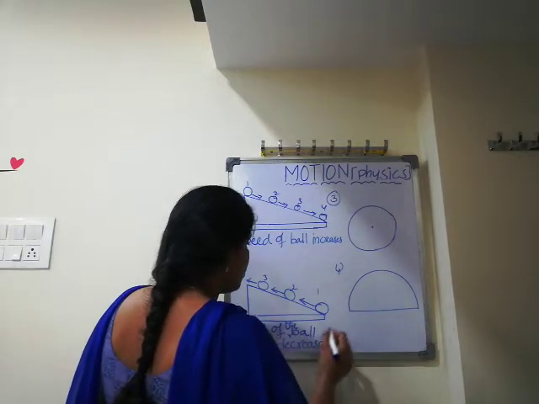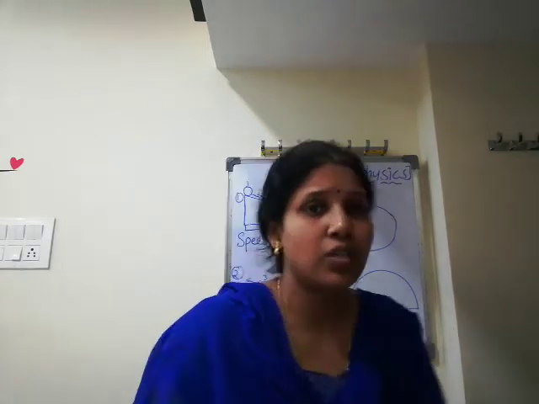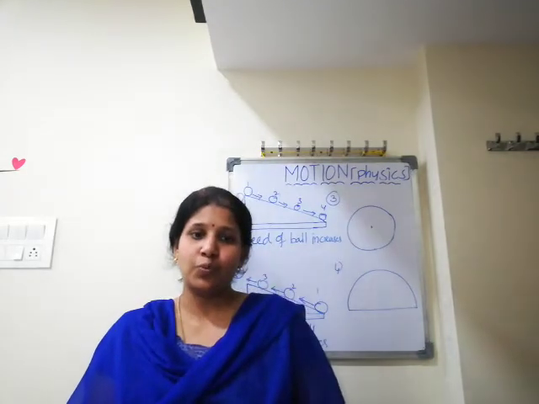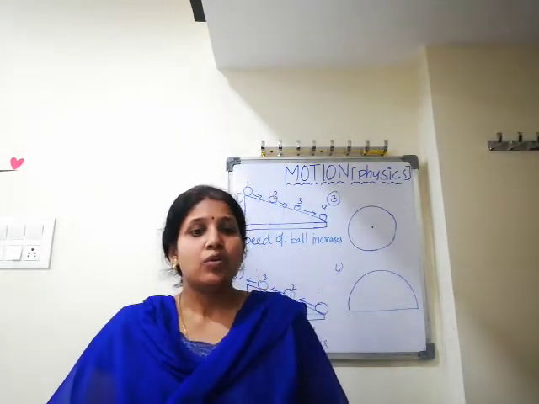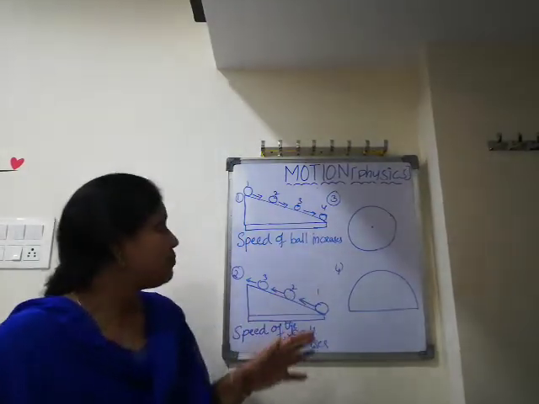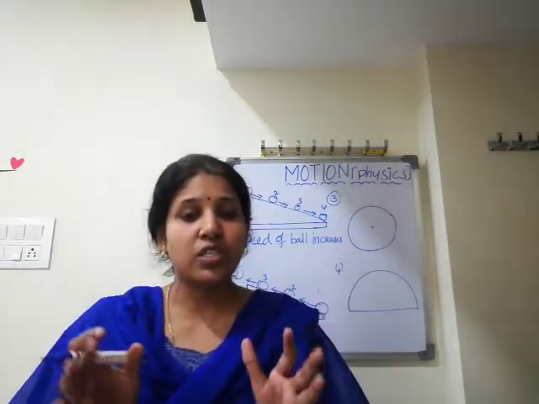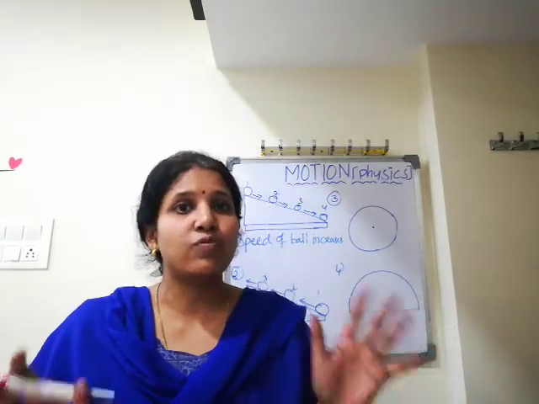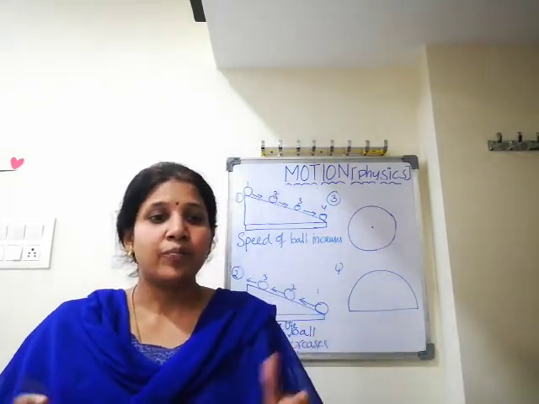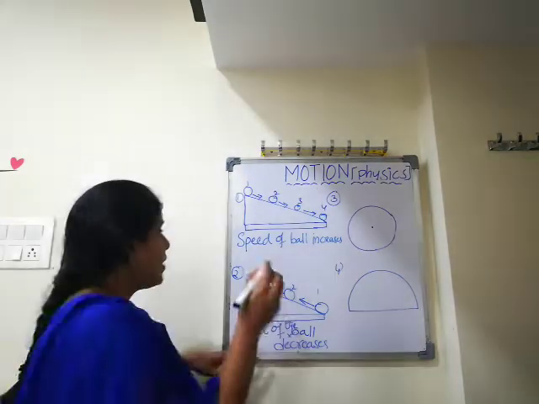Then what happens to the path? Is there any change in the direction of motion of that ball? No. It travels on the same inclined plane. So in these two situations, there is only a change in the speed of that ball, but no change in the direction of motion.